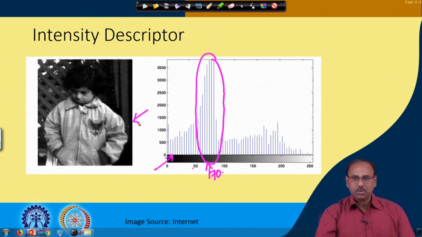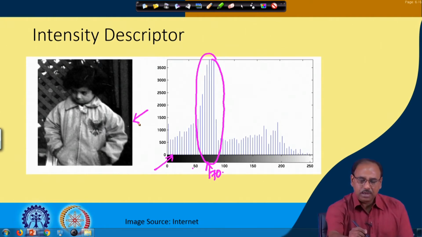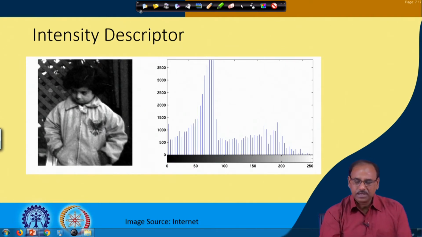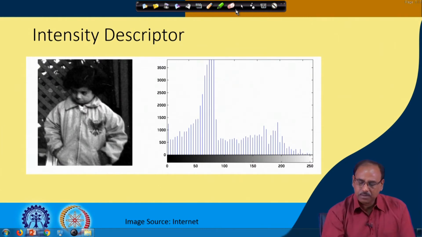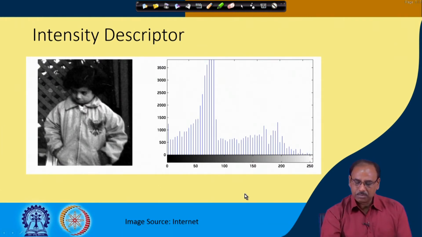It is captured within what is known as the intensity histogram. Based on the nature or shape of the intensity histogram, we can find out different intensity descriptors. So, a very important approach for intensity distribution extraction is using the histogram shape.